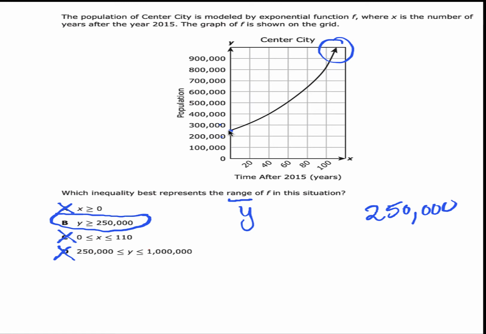So notice here you're at 250. Here you're a little bit over 300. This is 400,000. So it's increasing, which means then that this has to be greater than or equals to. But I didn't need to do that. Once I saw the arrowhead, I knew that I did not have boundaries where I was starting and stopping, and could have chosen B as my answer.